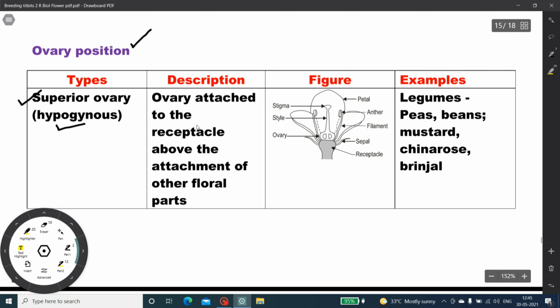The ovary is attached to the receptacle, above the attachment of other floral parts. Other floral parts like sepals, petals and stamens are located below the ovary, but the ovary is located above all these parts. The best examples are peas, beans, mustard, China rose and brinjal.